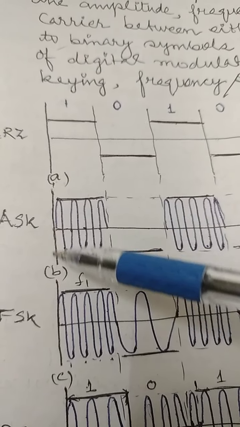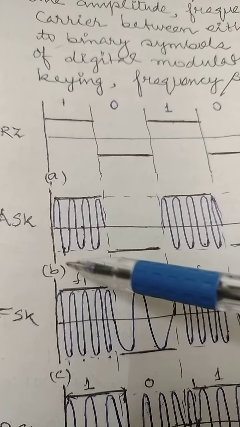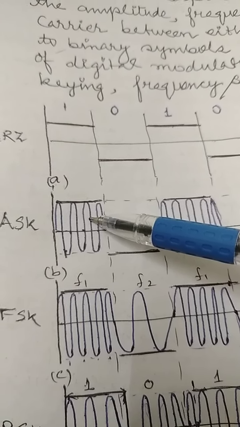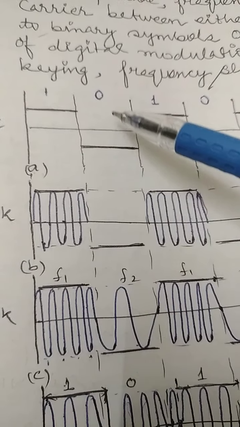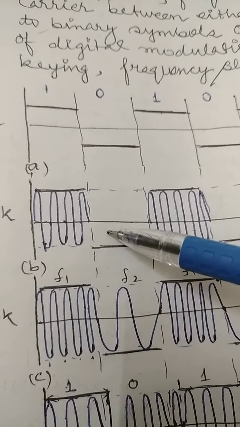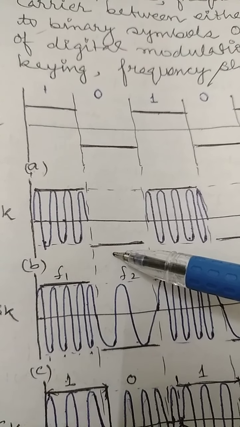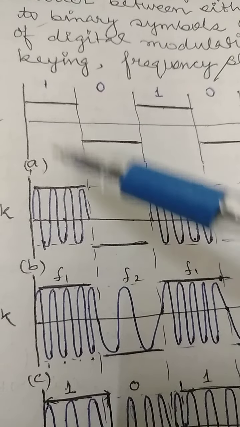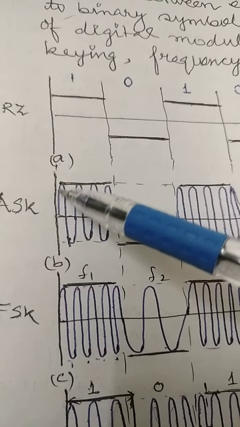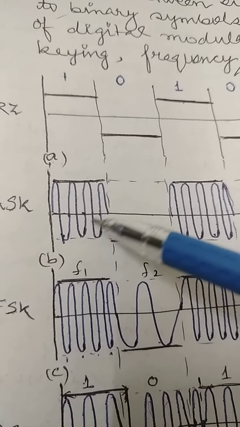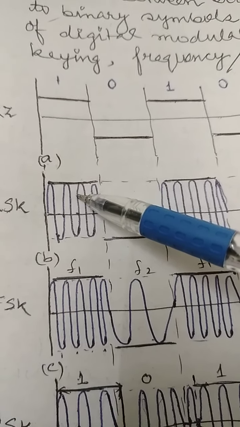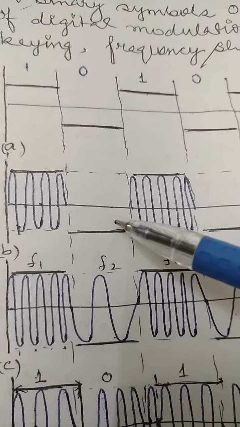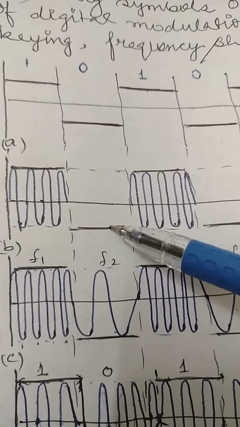One amplitude of one frequency we have taken, and for logic 0 we are not transmitting any pulse. So logic 1 is one signal of fixed amplitude and fixed frequency, and for logic 0 no signal has been applied.